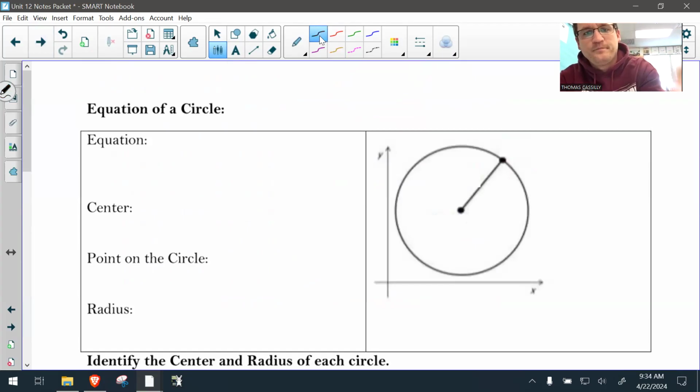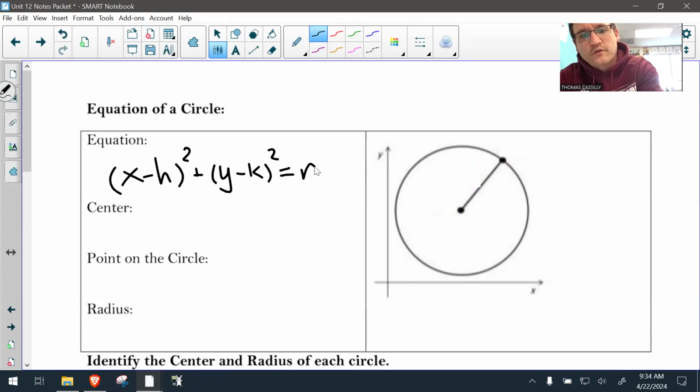We had, I'm just going to do it all in one color, (x minus h) squared plus (y minus k) squared equals r squared. The center of our circle is not x, it's (h, k).